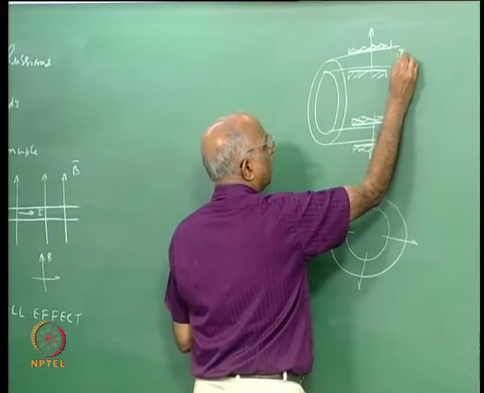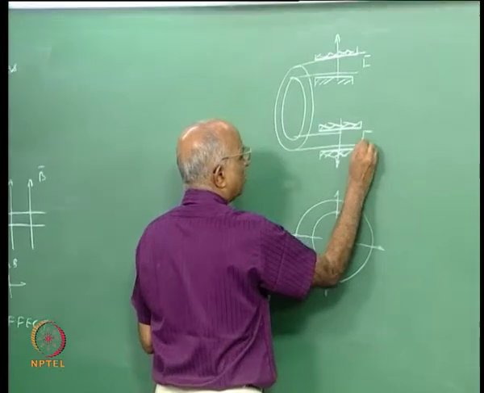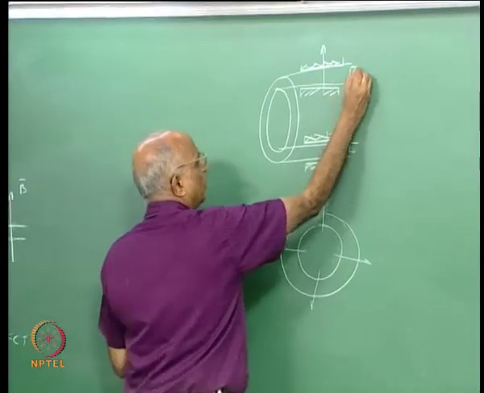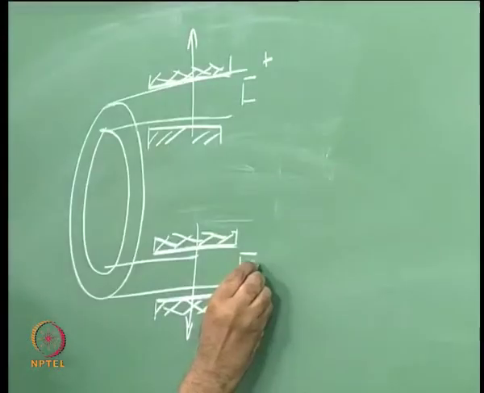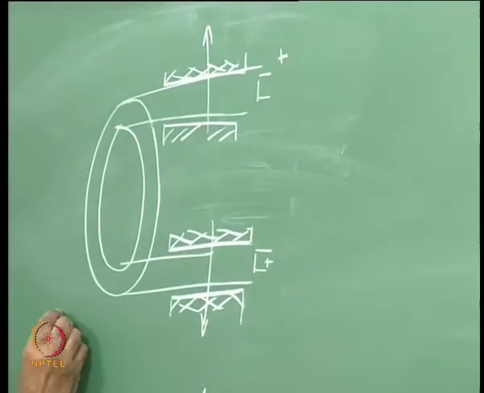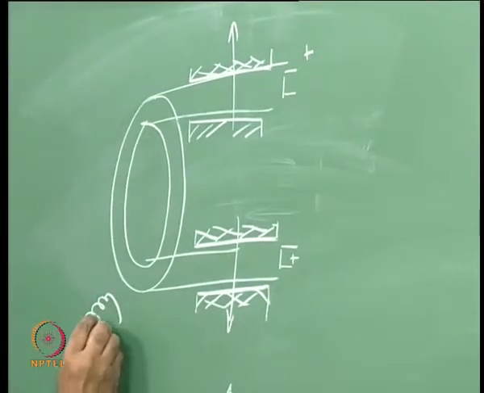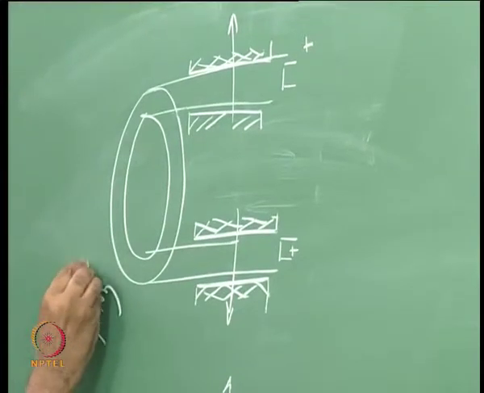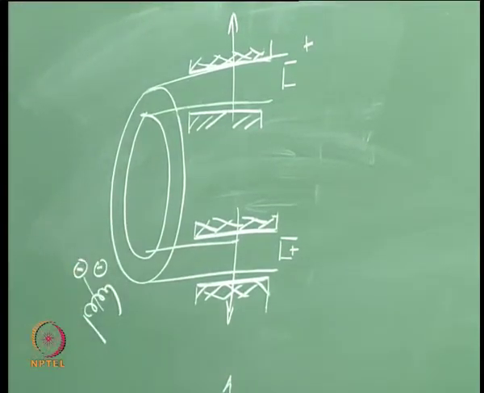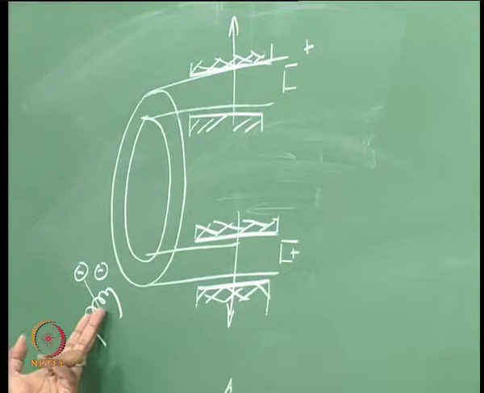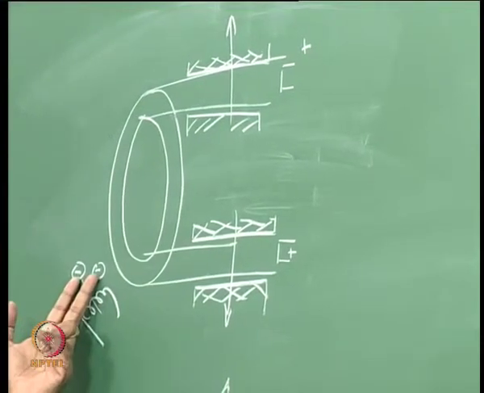That means I put something which is positive voltage here, and here I put a cathode over here, and the cathode, when I heat it, generates electrons. Because I heat the cathode, work function is small, it generates electrons.